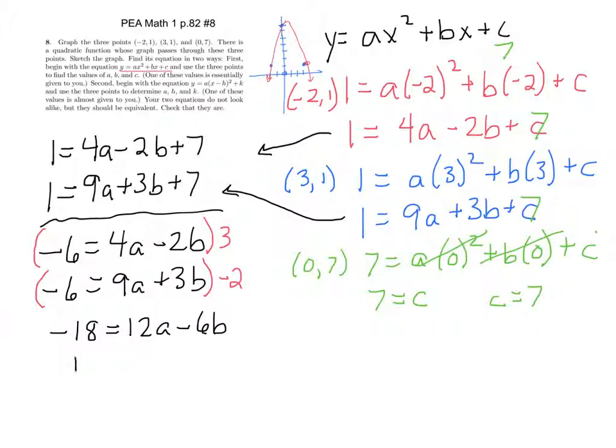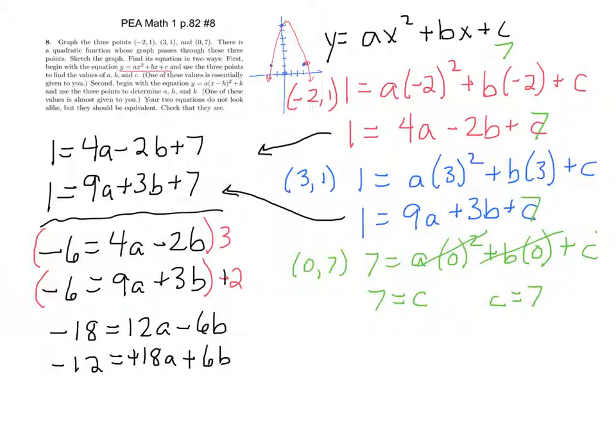And then I'll get 12 = -18a, uh-oh, a negative 6b. I just realized that I really didn't want to multiply that whole thing by a negative 2. Multiplying by a positive 2 would have been better. So let me do that. Multiply by positive 2. That would make this a negative 12, this a positive 18, this a positive 6.